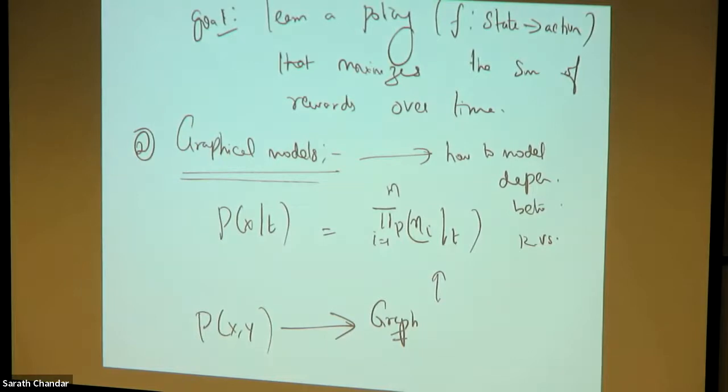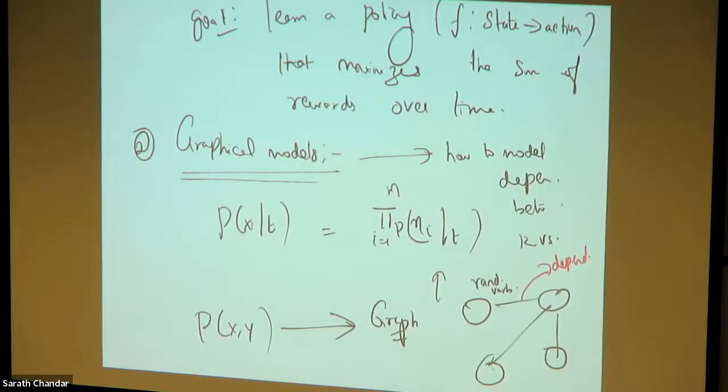This graph is going to have a bunch of nodes and connections between the nodes. The nodes are going to be your random variables, and the edges just mean that there is some dependency between two nodes. Is that clear?